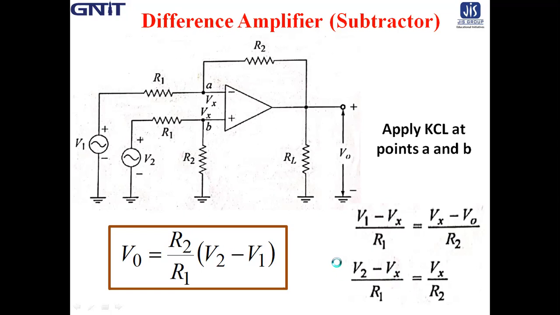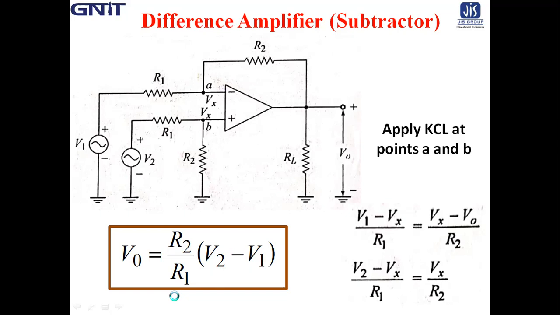So from these two expressions we get V0 is equal to R2 by R1 into V2 minus V1. See, the output V0 is an amplified version of the difference voltage, that is V2 minus V1, and the voltage gain of the amplifier system is R2 by R1.